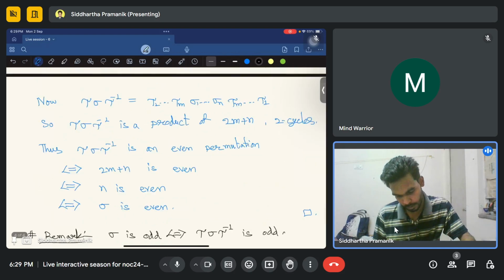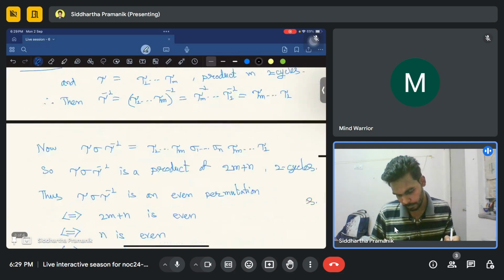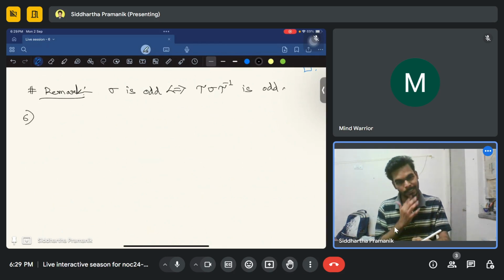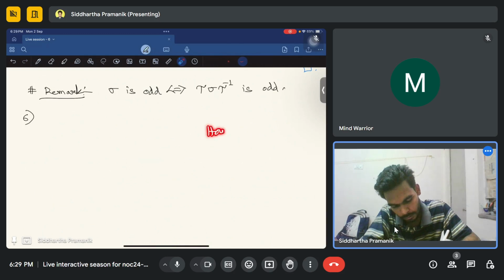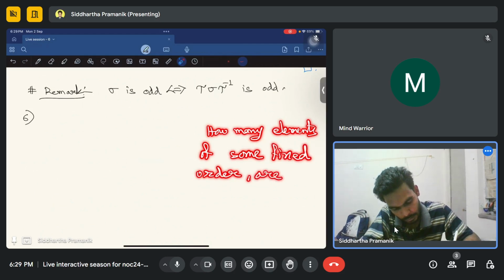Okay, now let's do some concrete problems. These were some theoretical problems. In an earlier lecture, we have seen how many elements of some fixed order there are in Sn.